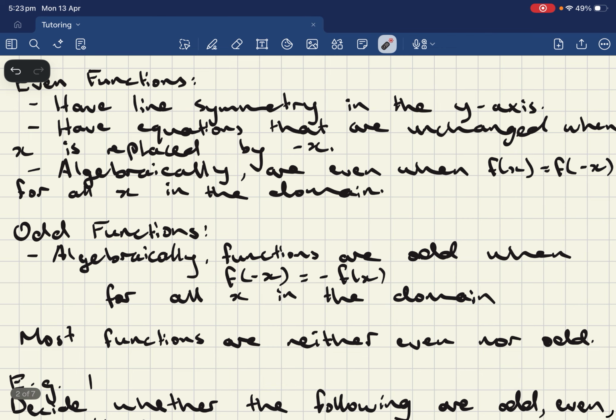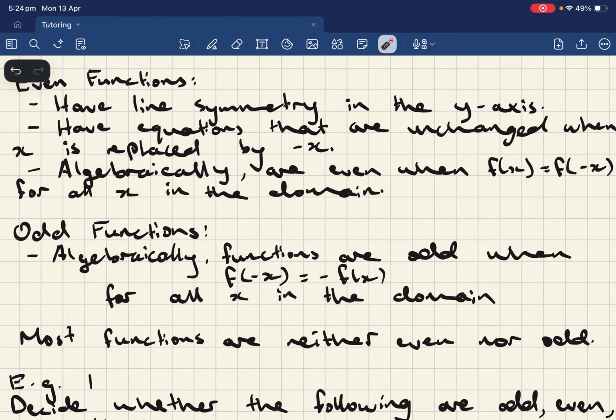That's basically an algebraic summary of the second dot point. Now, odd functions, algebraically, are odd when f of negative x is equal to negative f of x for all x in the domain. In a simplified way, whether we reflect this about the y-axis or the x-axis, we will get the same function, so it will look the same.